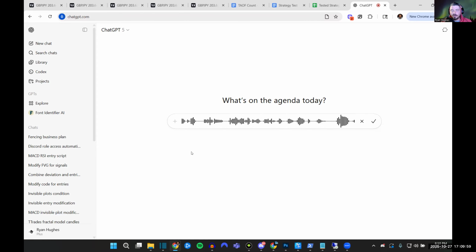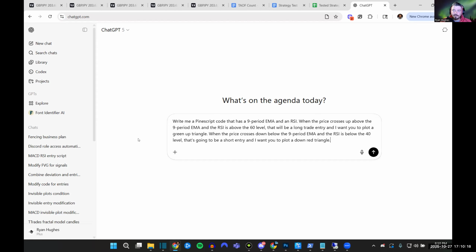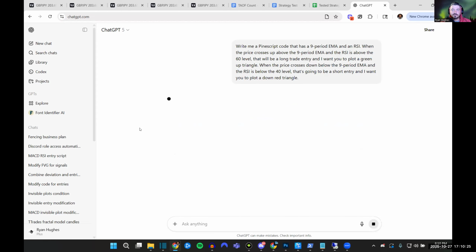And when the price crosses down below the 9-period EMA and the RSI is below the 40 level, that's going to be a short entry, and I want you to plot a red down triangle. There we go. You can double check that everything's here, but it does a pretty good job of catching voice. And now I'm going to let it go.